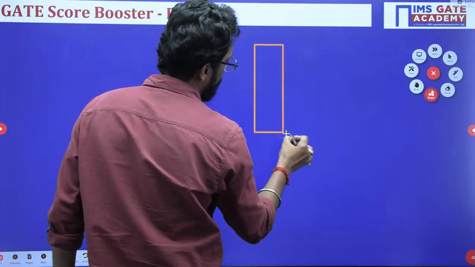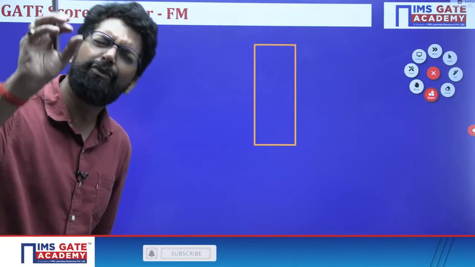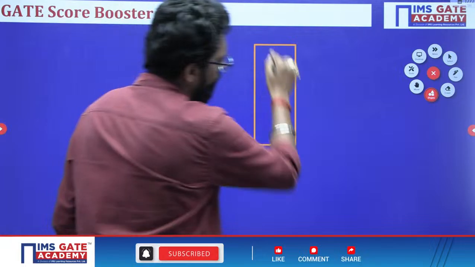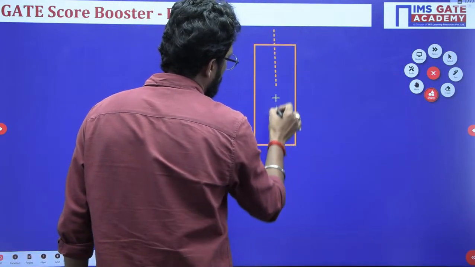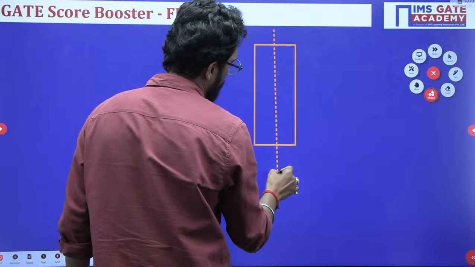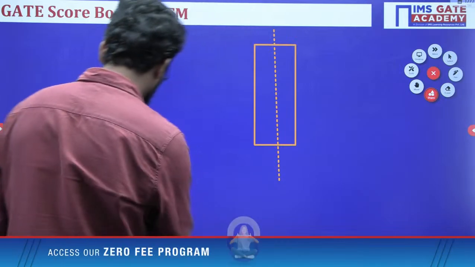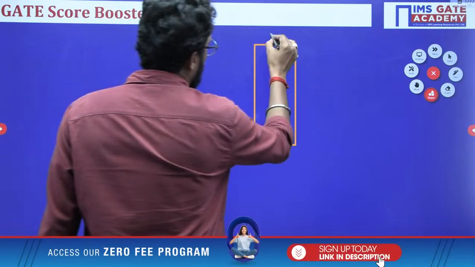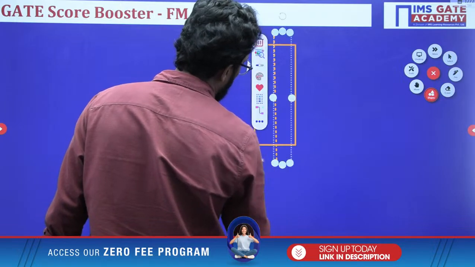This is your cylinder, vertically placed. Listen very carefully, no problem. Vertically placed, and this is your center line. It will be floating vertically in the fluid.